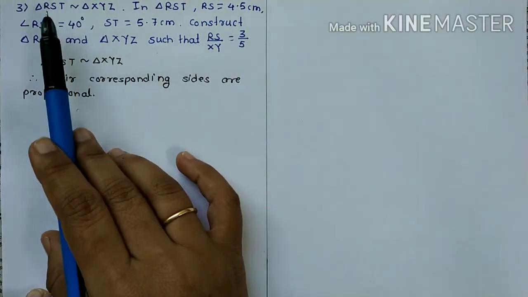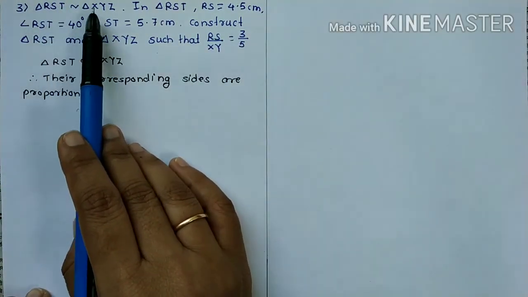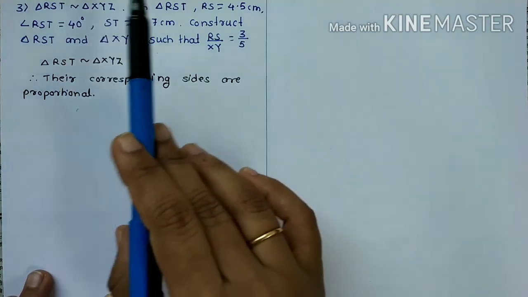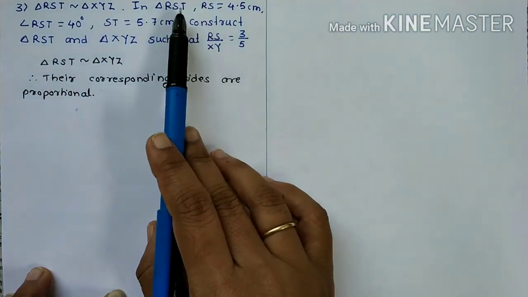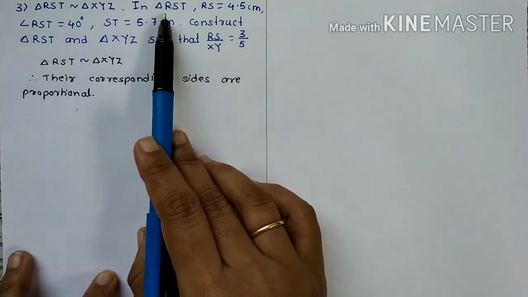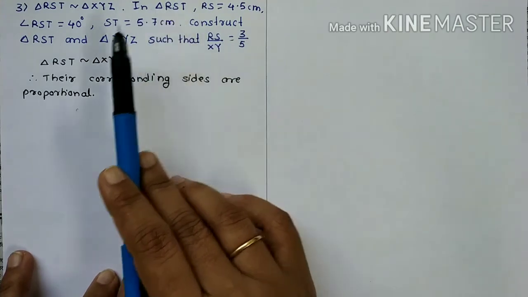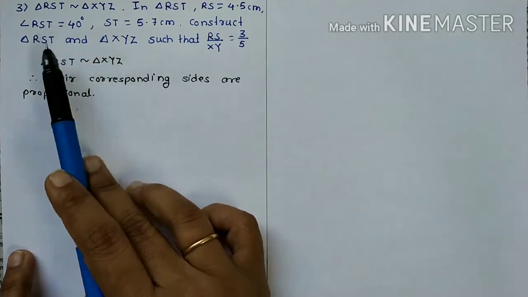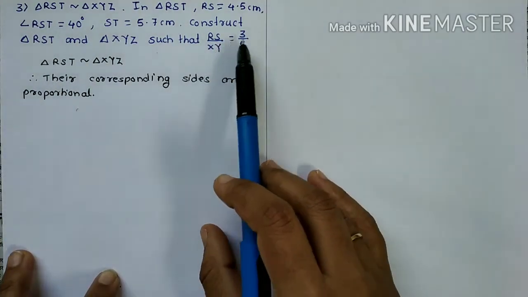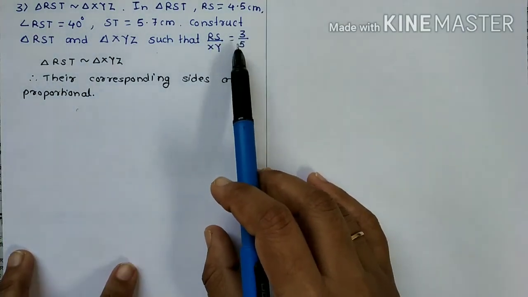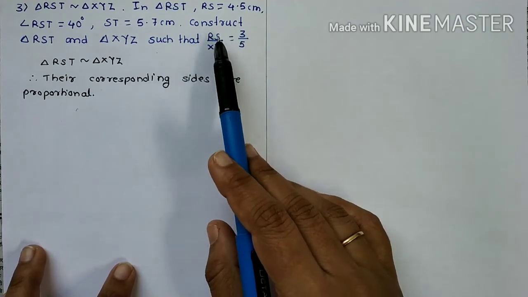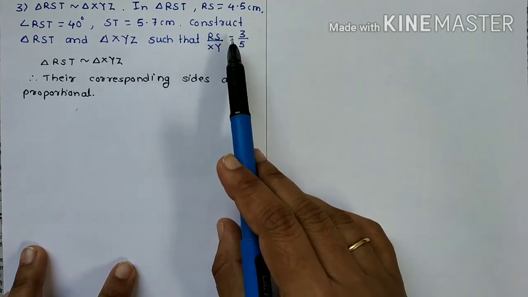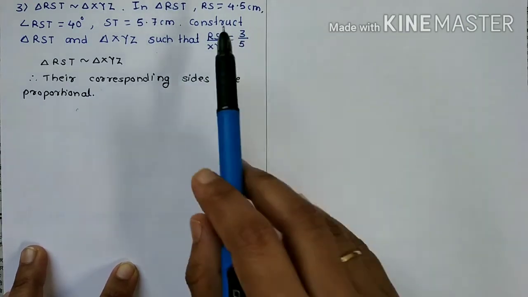In this example, two similar triangles are given and measurement of one triangle is given, and we have to construct these two triangles. Here ratio also given. Ratio is what? RS is to XY equal to 3 is to 5.